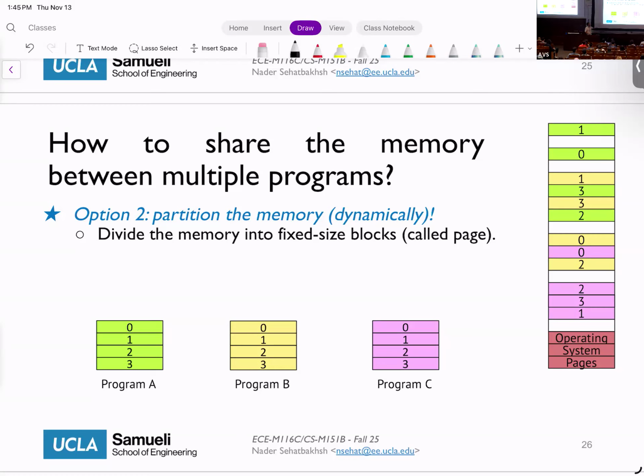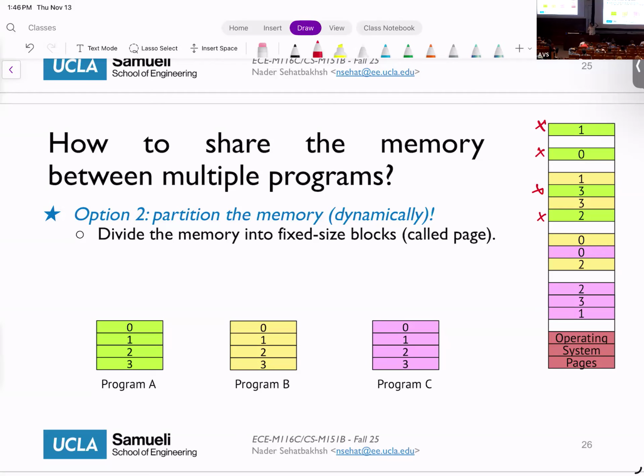So all you need to do is making sure that each page is a continuous 4 kilobytes of data, but between the pages, you might have different scattering. So like, for example, for program 1, page 0 might be here, page 1 might be here, page 2 might be here, page 3 might be here, and so on and so forth.